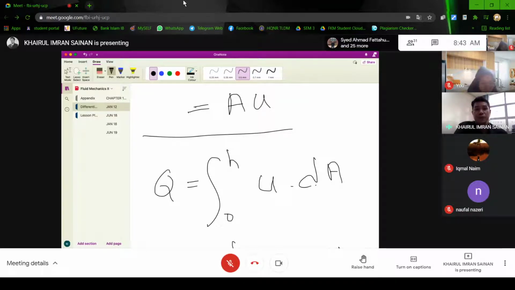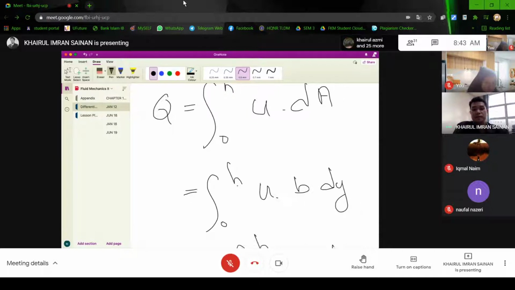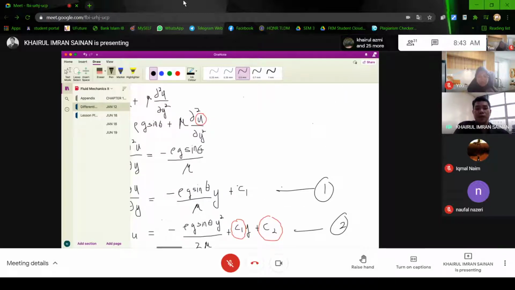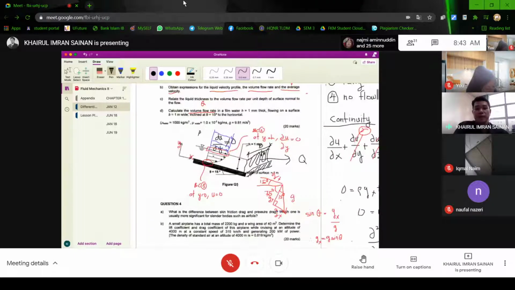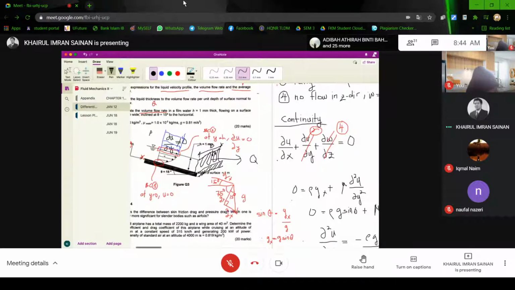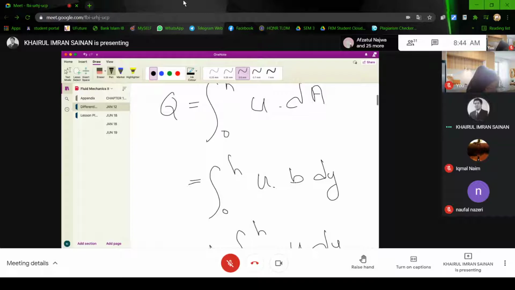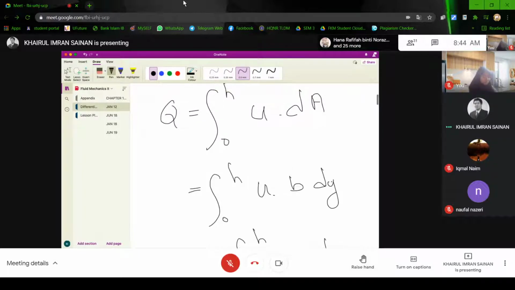So what happened to dA? dA is actually B multiplied with the change of Y, because Y is governed by this one. B is the actual value for the width, which for the moment we put as B. So it becomes integral from 0 to H of U B dy. B multiplied with dy is actually the area.